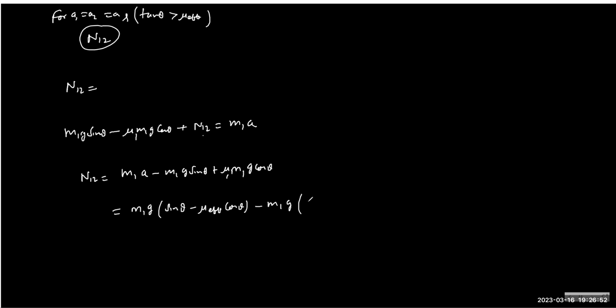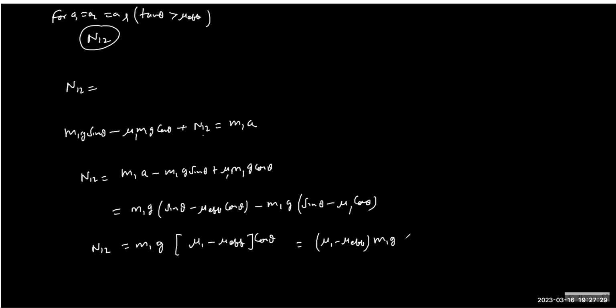And if I take M1g common, it is sin theta minus mu1 cos theta, right? So we can take M1g common, what are we left with? Sines cancel, right? It is mu1 minus mu effective into M1g cos theta. But if you rearrange, you will get an even better answer.